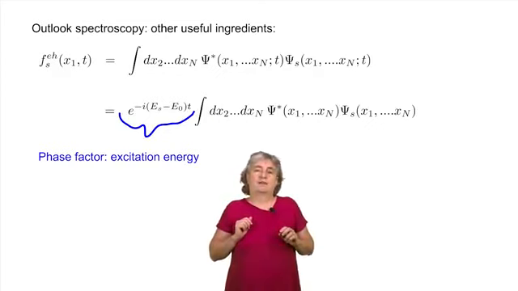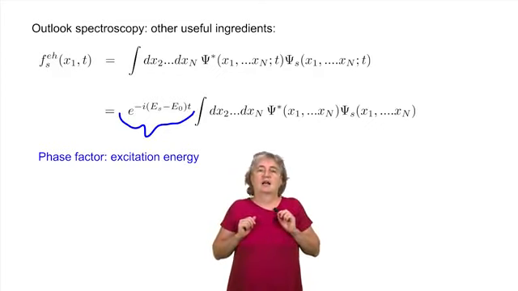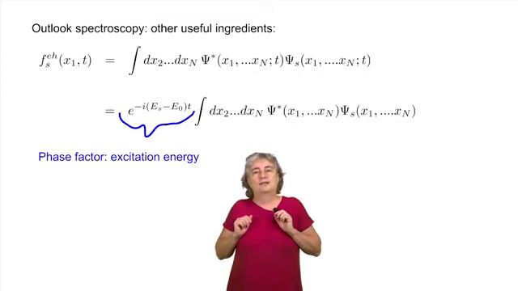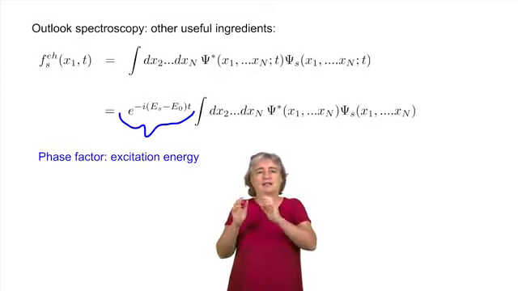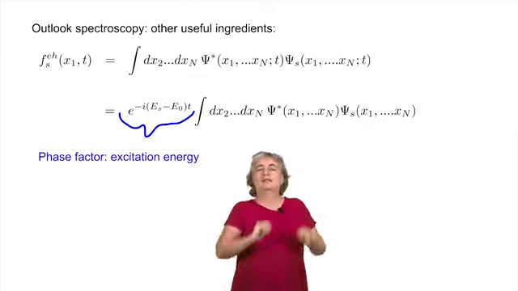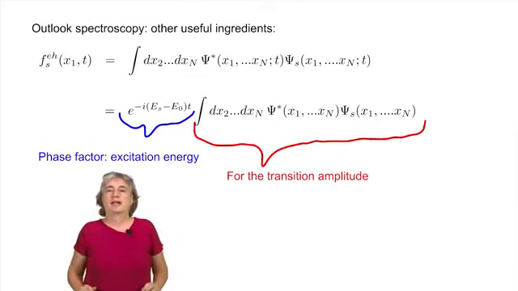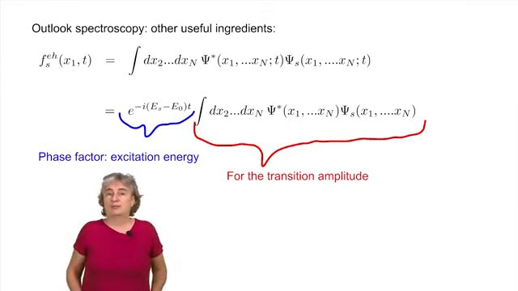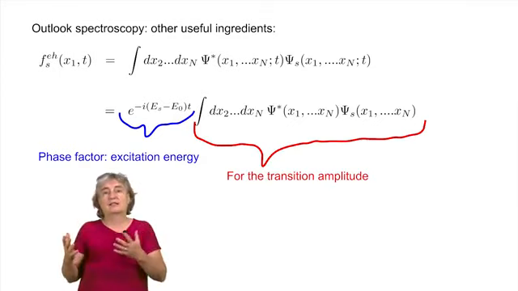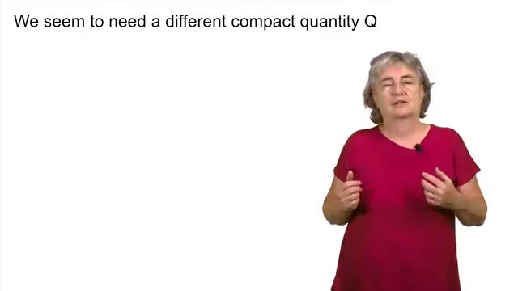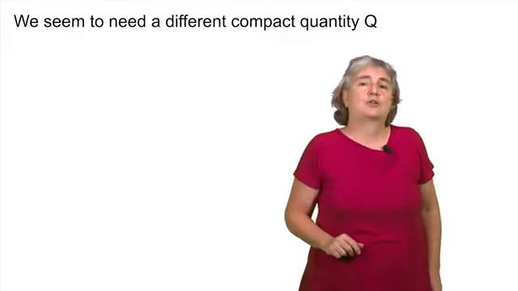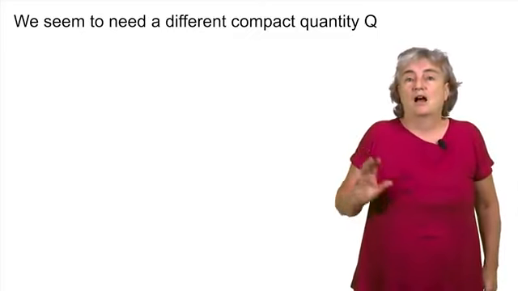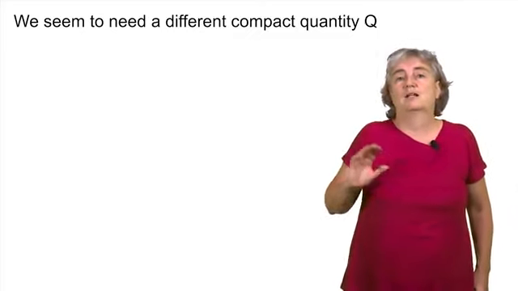This gives the wave functions a phase factor, an oscillation with the excitation energy, which is the difference between the ground state energy and the energy of the excited state. Again, everything else integrates out to a compact object, which will give us transition amplitudes. This is just to show you the variety of expressions that may appear, all compact objects, but all different.